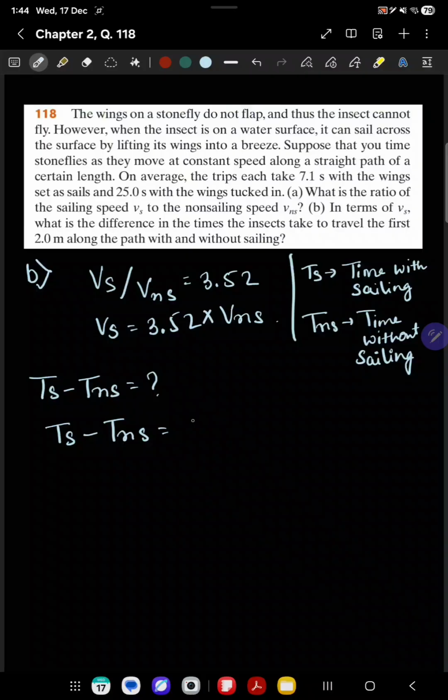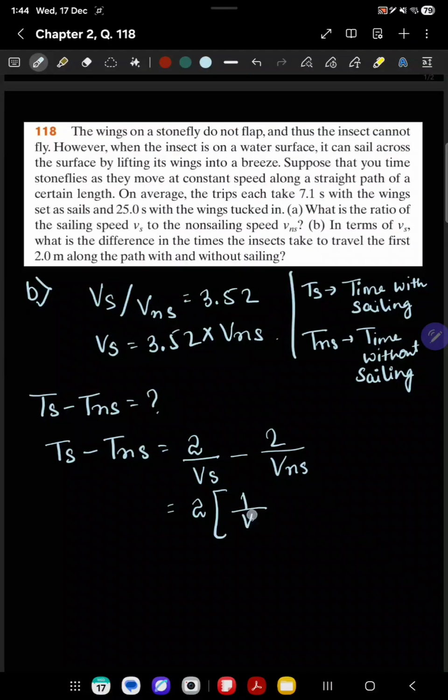In the second part it is given as 2 meters, 2 upon velocity of sail, and minus Tns, we can write it as 2 upon velocity of ns, right? So in this we can take 2 as common, and we can write it as 1 upon Vs minus 1 upon Vns.